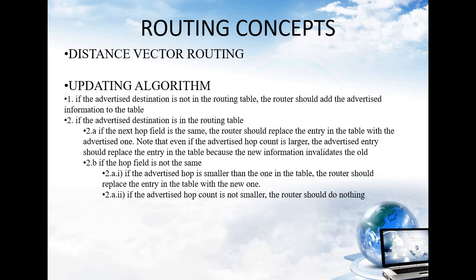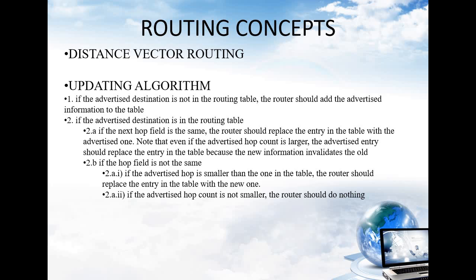The distance vector routing algorithm is an updating algorithm. If the advertised destination is not in the routing table, the router should add the advertised information to the table. If the destination is in the routing table, we check whether the next hop field is the same. If so, the router should replace the entry in the table with the advertised one.